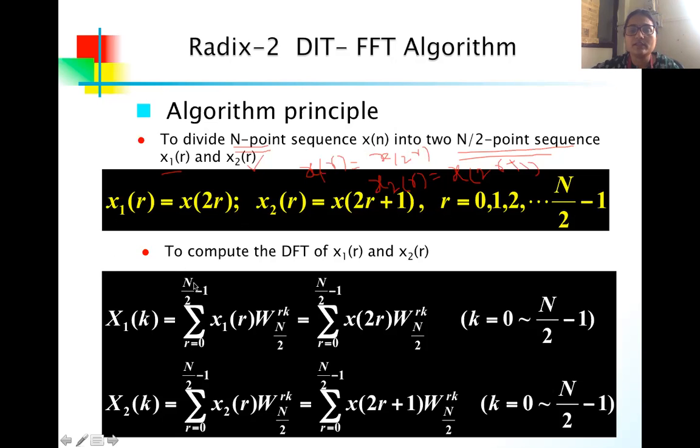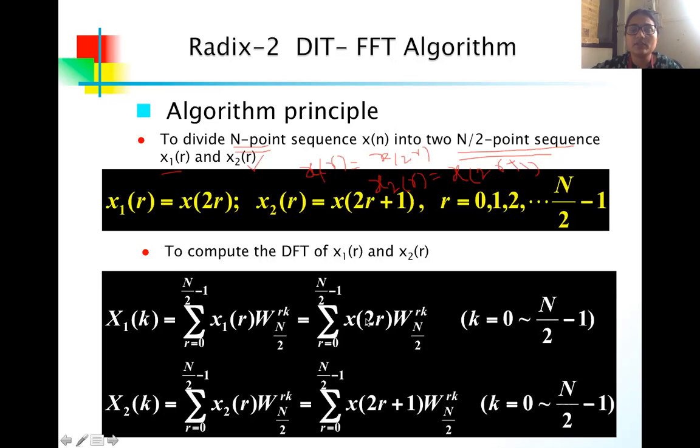Then the first sequence is x1 of r, multiplied by the twiddle factor w raised to rk, suffix n by 2. This represents the DFT of the first sequence, and the DFT of the second sequence is calculated here using x2 of r.